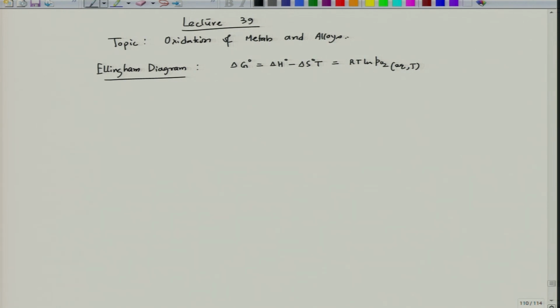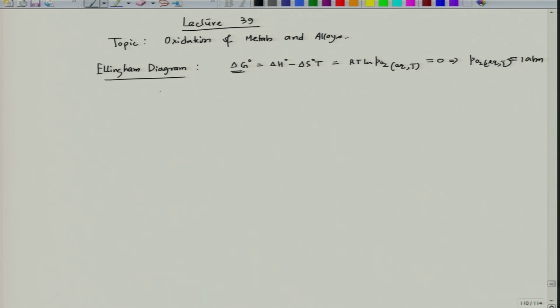And we have also noticed in the case of Ag2O how this PO2 is varying, and this PO2 reaches 1 atmosphere when this value goes to 0. So, that corresponds to PO2 equilibrium at temperature T equal to 1 atmosphere.